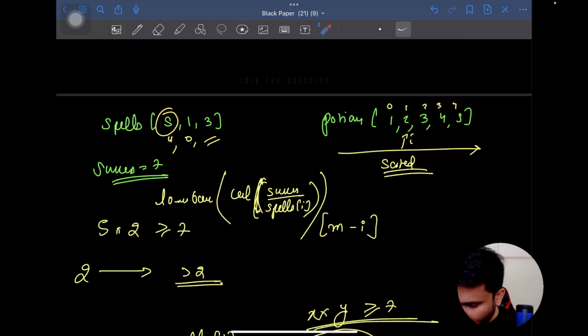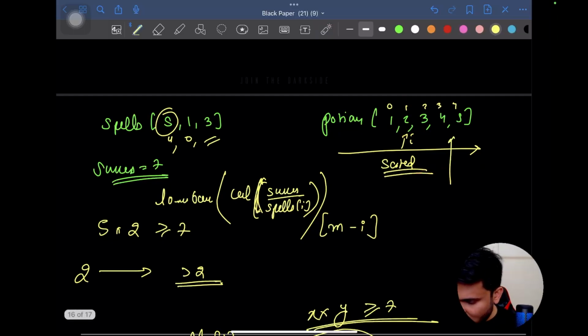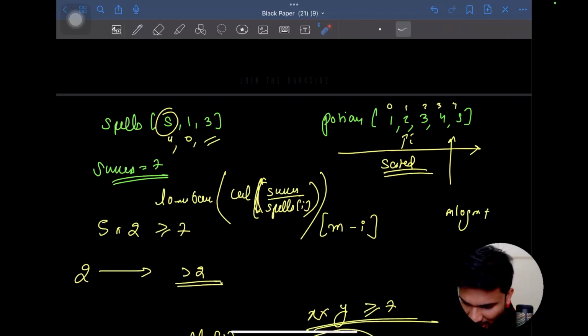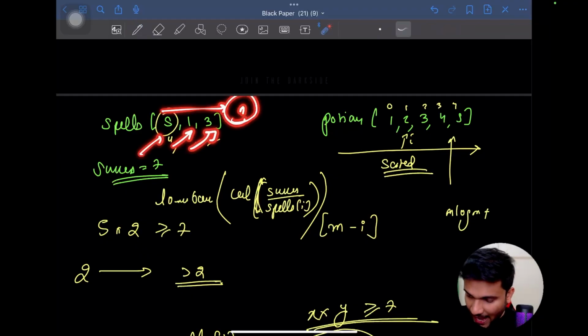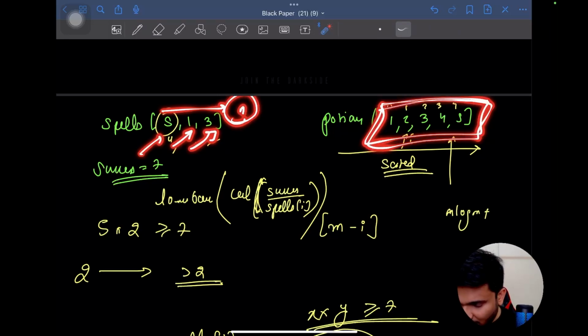So how do you get the answer? If you get a lower bound as, let's say, this value, then your answer is going to be m minus lower bound. Can I say that? And what will be the time complexity? You need to sort this array, so m log m to sort the array. Then you go to every element of this array, so there are total n elements, and you apply a binary search on this array, which is of length m.